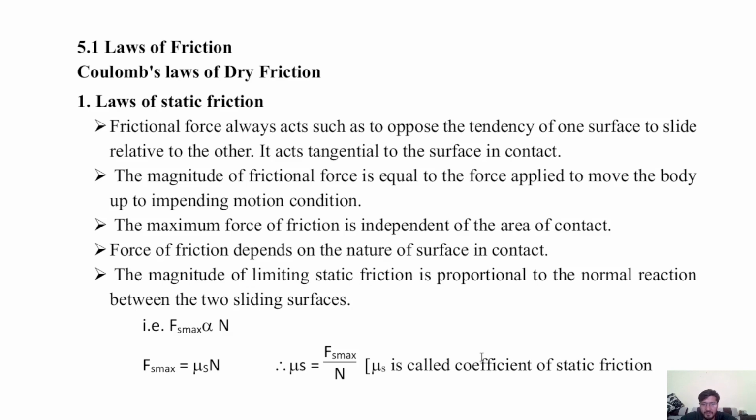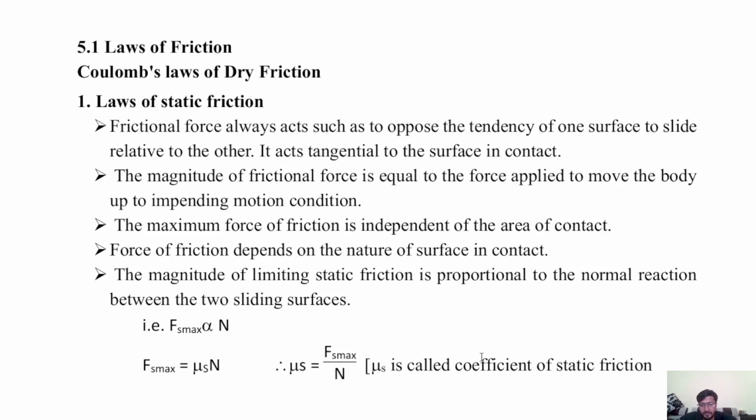The maximum force of friction is independent of the area of contact. Force of friction depends on the nature of the surfaces in contact. The magnitude of limiting static friction is proportional to the normal reaction between the two sliding surfaces.